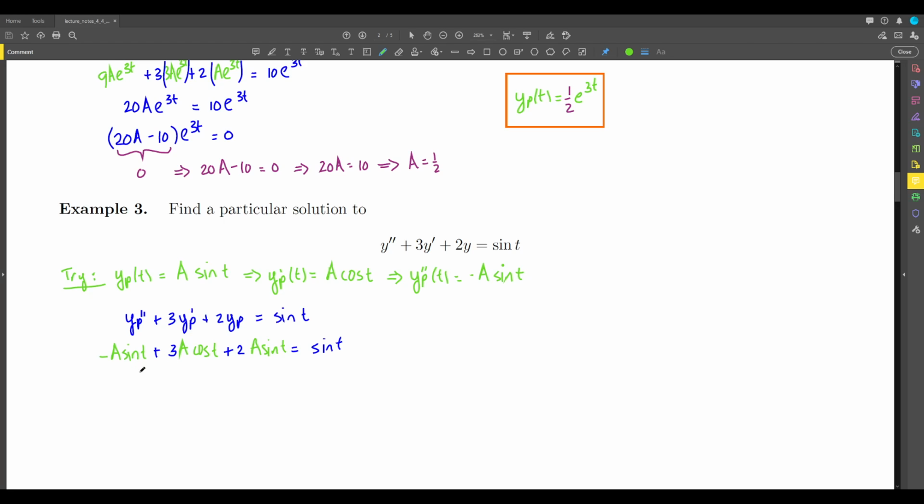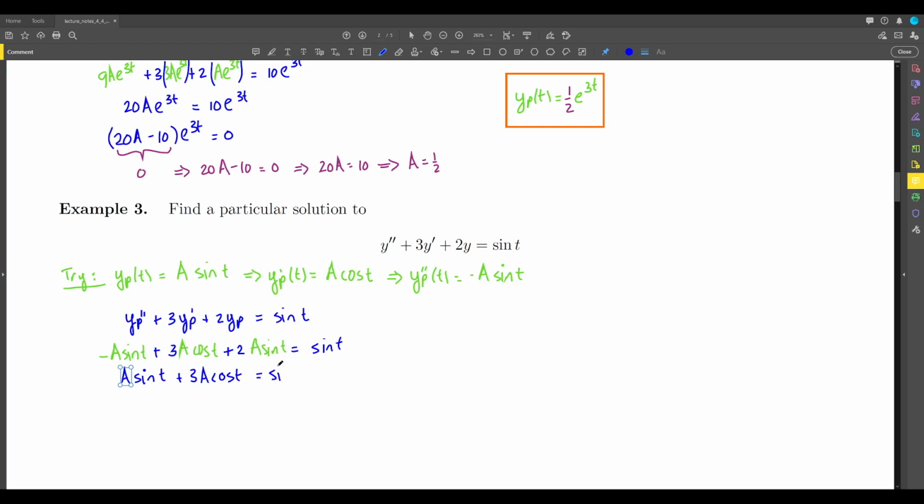Okay, let's clean that up a little bit. So we have 2 times a minus a, so that together gives you a sine t. Plus 2a minus a gives us a times sine of t plus 3a cosine of t.